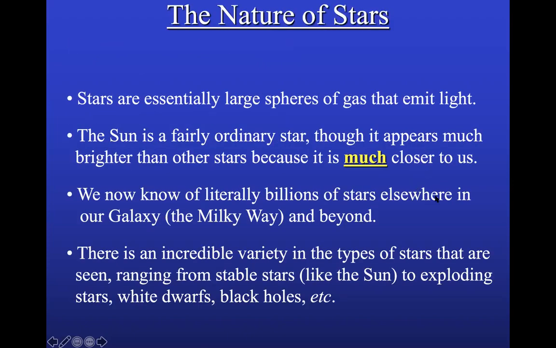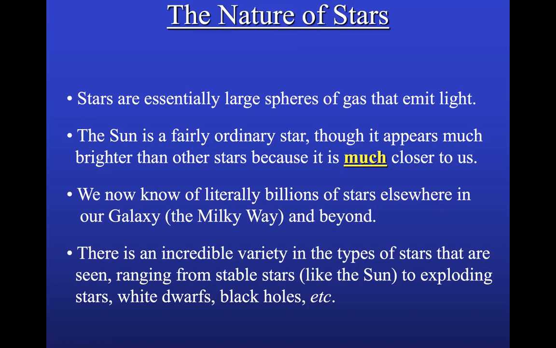Now, if you look at the shape of stars, they are essentially large spheres of gas that emit light. That's what we can tell in the most simple way. We think that the sun is a very special star normally because we get sunlight, but the reality is the sun is just a fairly ordinary star, right?